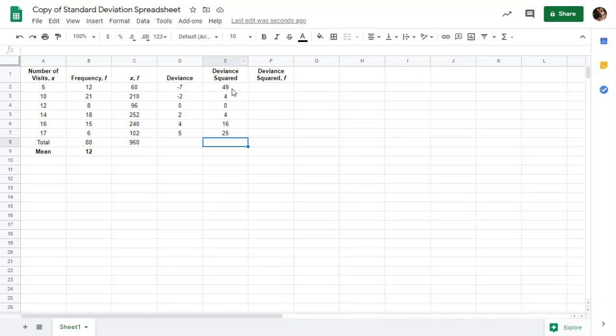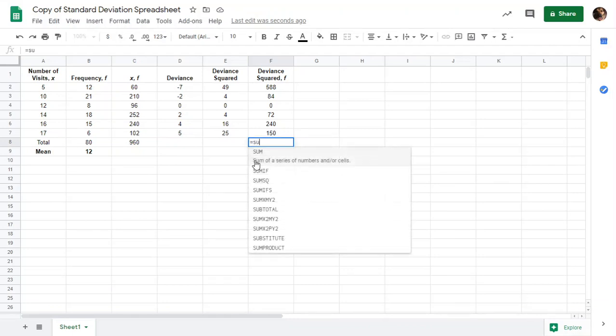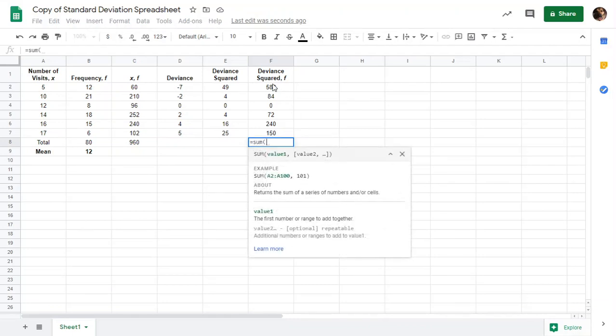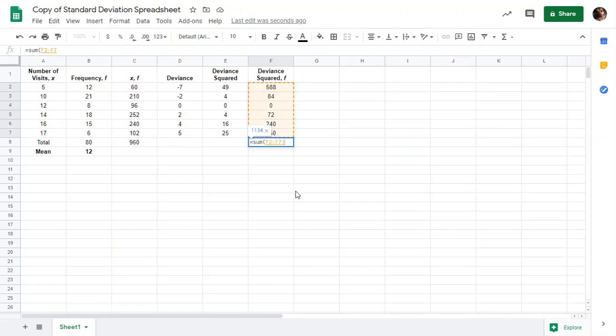So that's going to be just multiplying column E times column B. So equals deviance squared times B. We're going to get some large numbers here. And I'm going to want a total of these again so we can find the variance. So equals the sum of this whole stack of data, which looks like it's going to be 1,134.